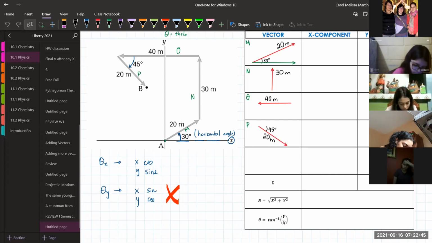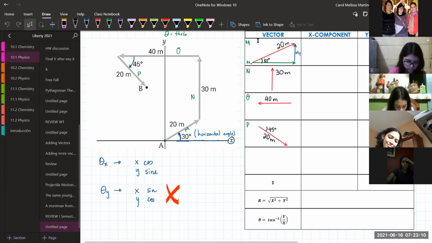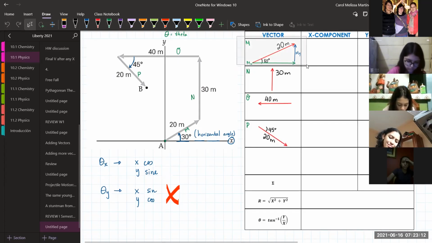And the y component is going up or down? Up. So this will be my, and the one below will be Mx. The green is going to be the x component and the blue will be the y component. I'm going to make it a little bit smaller.